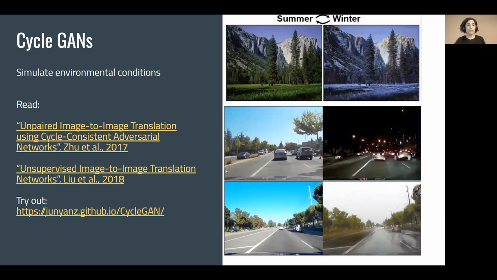And it can be extremely useful when, at the time of training, you have perhaps only data that pertains to a specific time of the year or a specific time of the day, to have the exact same scenario, but with different environmental conditions. This is not exactly new, so you can see the dates of these papers, but it can be extremely useful still.